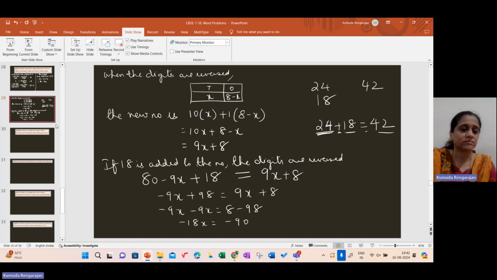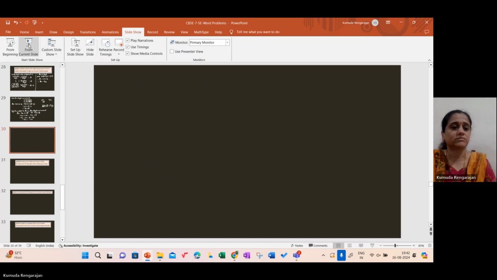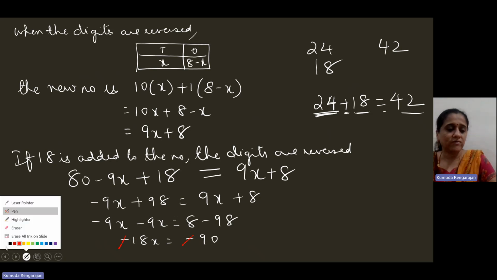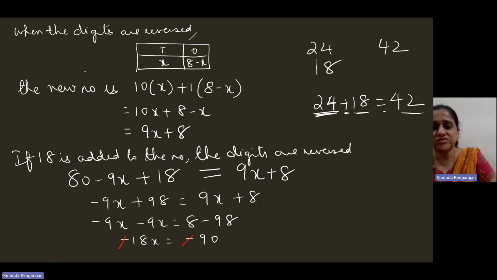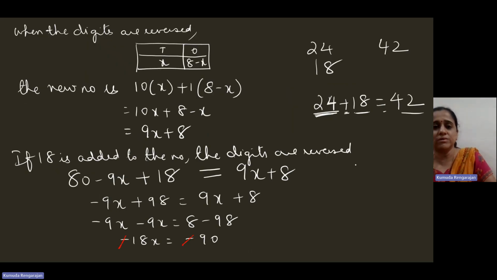Minus on either side gets cancelled. So we have x is equal to 90 divided by 18. x is equal to 5. x is 5. But what's the question? Find the number. What's the number? 80 minus 9x is the number.